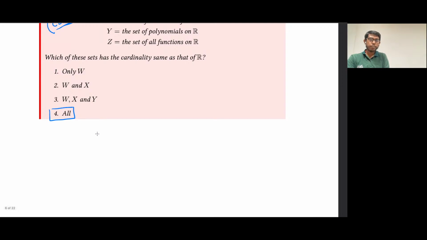So if you have the set of all constant functions, if a function is constant, it means that it is taking only one value in the image. So let's denote it by alpha. So I'll send it to that alpha.